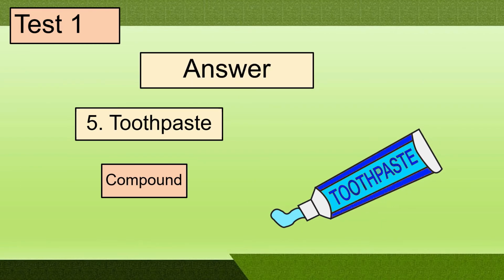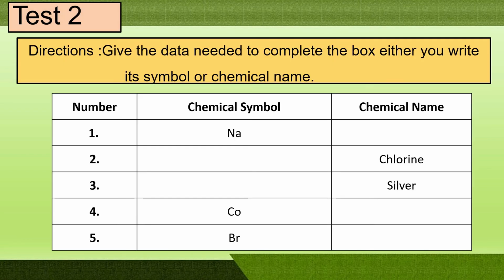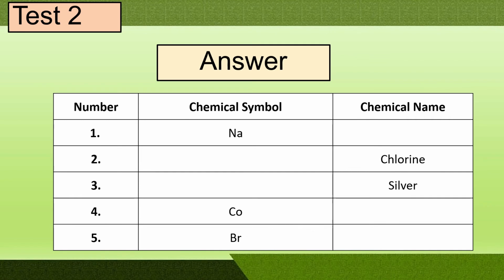Now for our part 2, you will give data needed to complete the box. Either you write its chemical symbol or chemical name. Okay, for number 1, what element has a chemical symbol of Na? The answer is sodium. How about what is the chemical symbol for the element chlorine?